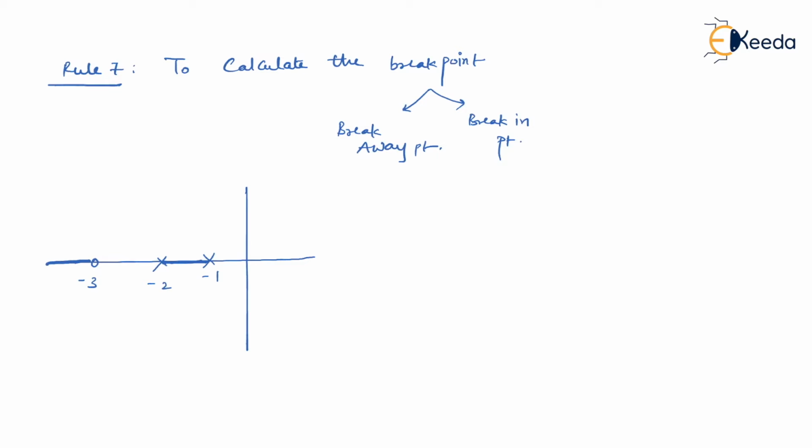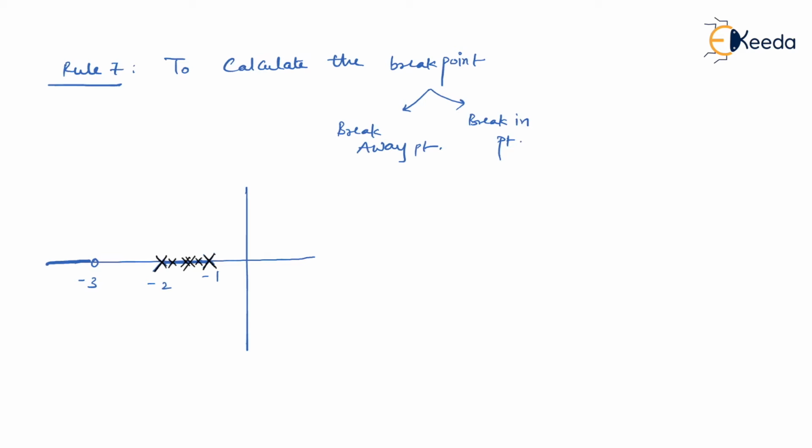So what happens in the root locus is the pole at -2 starts traveling towards its right, and the pole at -1 starts traveling towards left. At a particular value of k, both the poles may collide with each other.